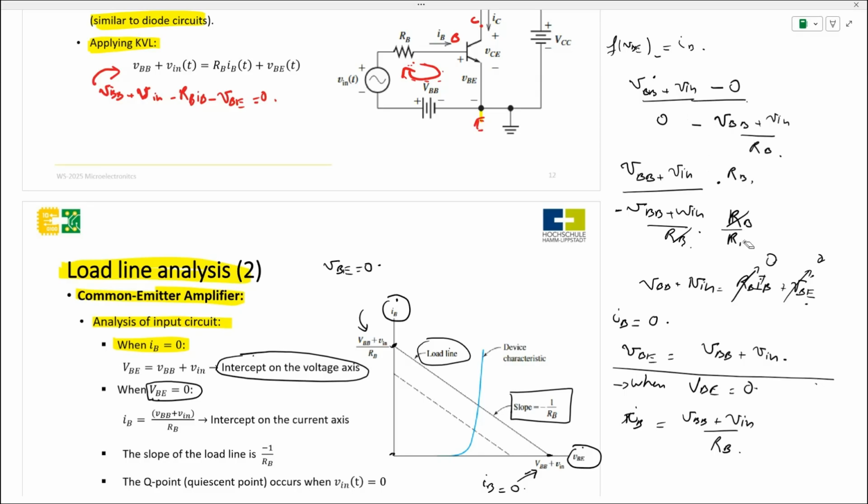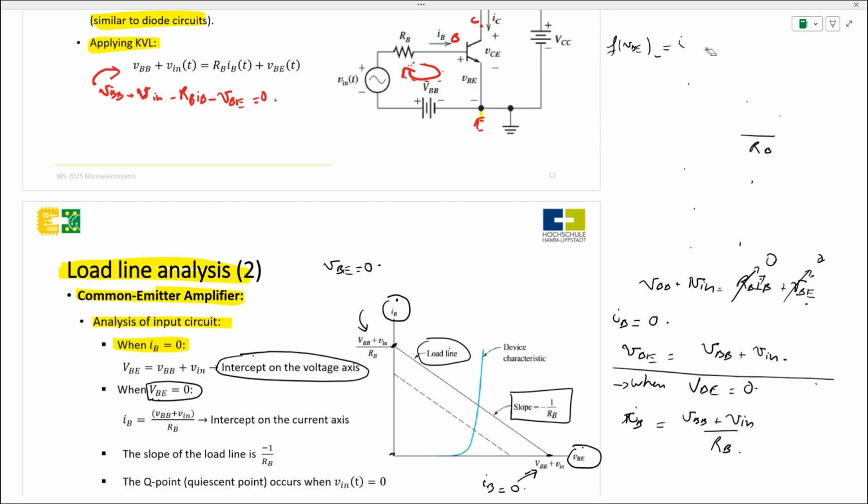Sorry, I believe I made a mistake. I'm supposed to do the opposite. Let's see, we are learning anyway. So we do 2 points. We choose this point and this point.